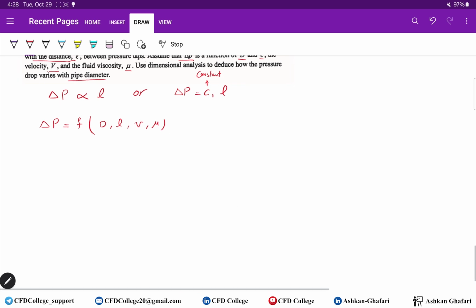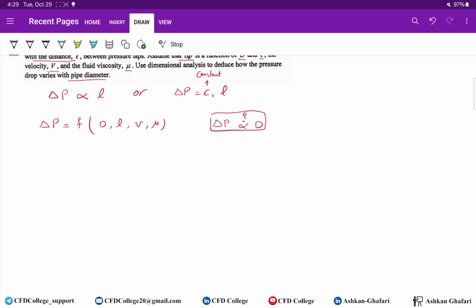Okay, we should find the relationship between pressure drop and the pipe diameter. To do that, we need to have the dimensionless groups.